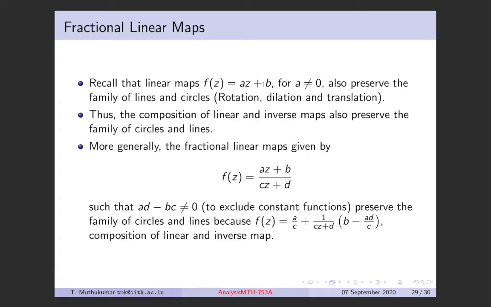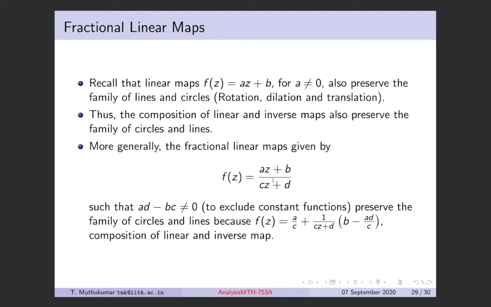If I have two functions and both preserve the family of lines and circles, then the composition will also preserve the family of lines and circles. So if we compose a function like az plus b with a function like 1 over z, more generally it turns out to be what are called the fractional linear maps.